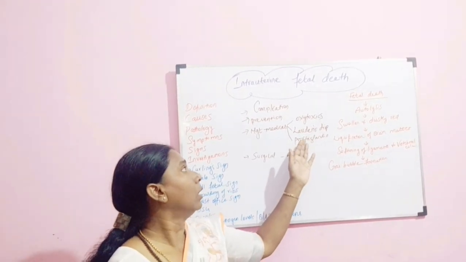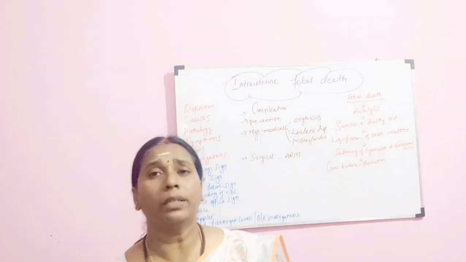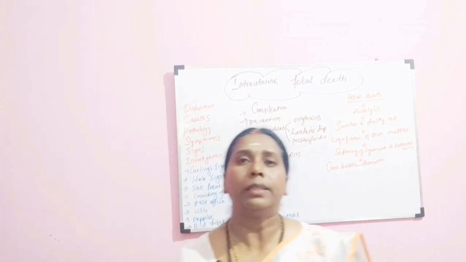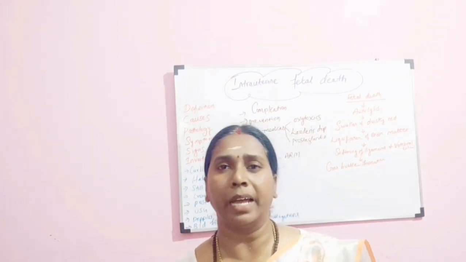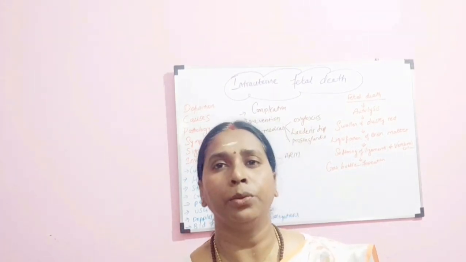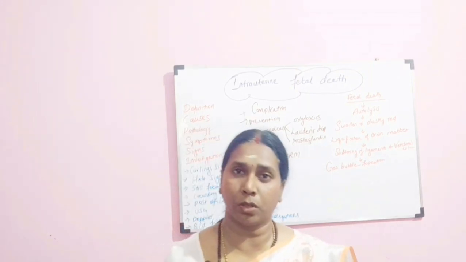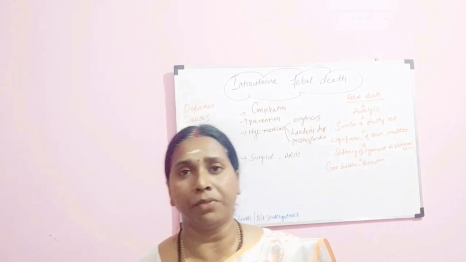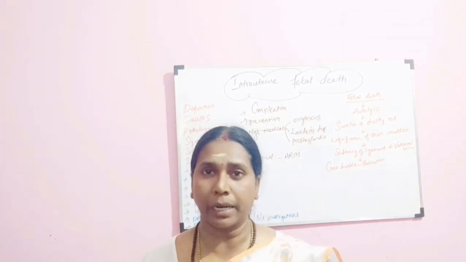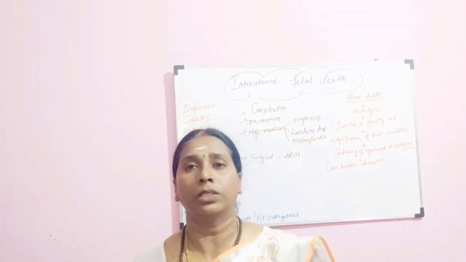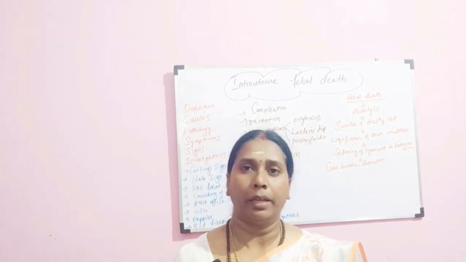Then we have the Laudan's drip. What is this Laudan's drip? This is the method of oxytocin administration in intrauterine fetal death. You have to start with 10 units of oxytocin in 500 ml of NS.